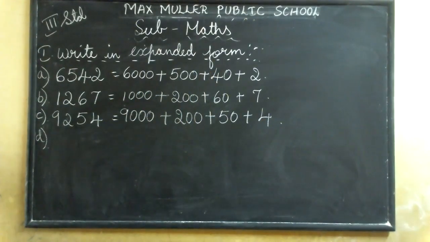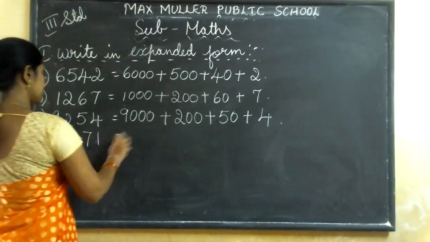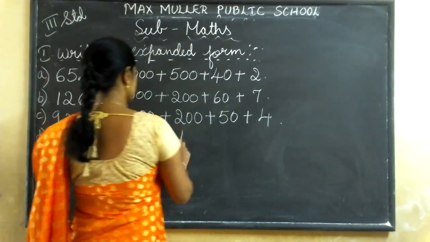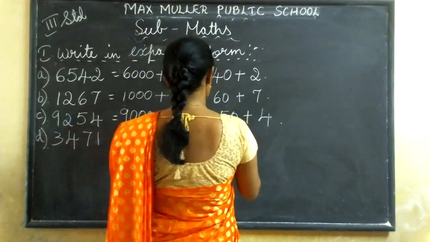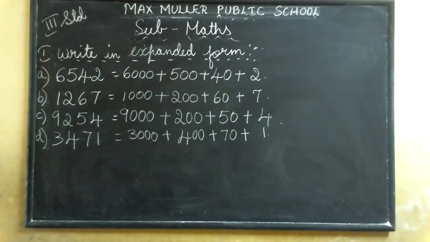Fourth one, 3,471: 3,000 plus 400 plus 70 plus 1. Copy down fast. Next, second main.